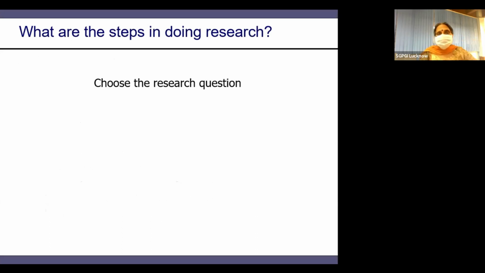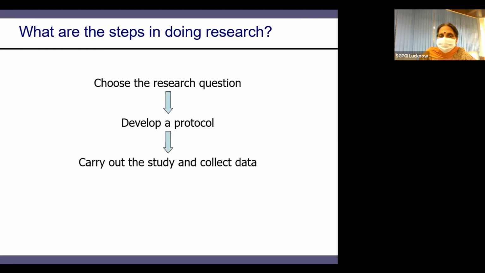So let's see what are the various steps when you want to do research. The most important and the foremost is choosing the right research question. Once you have the right question, you also need to develop a protocol on how to answer that research question. And then once you've developed a protocol, you need to execute.